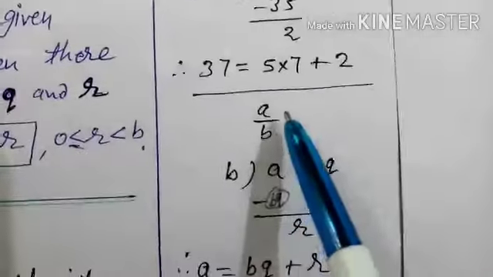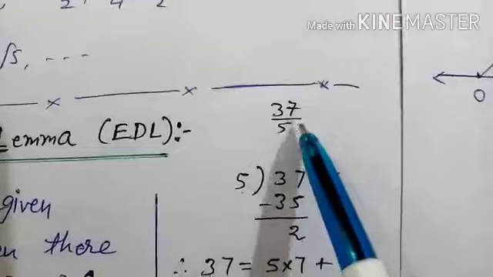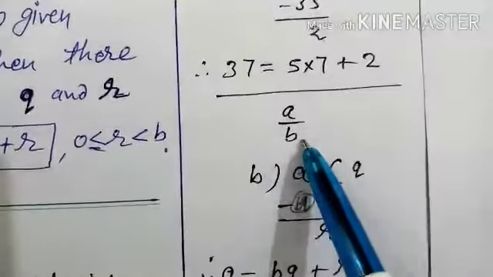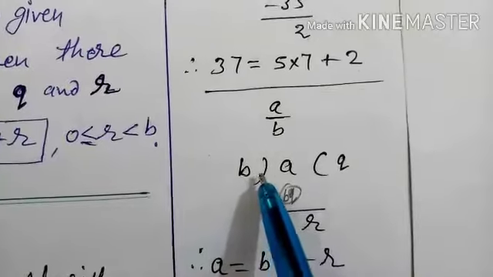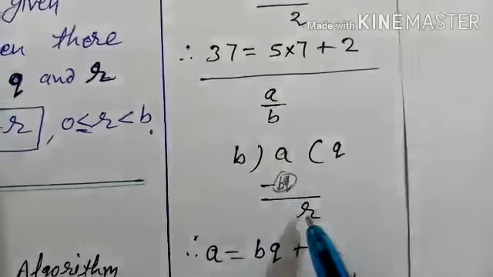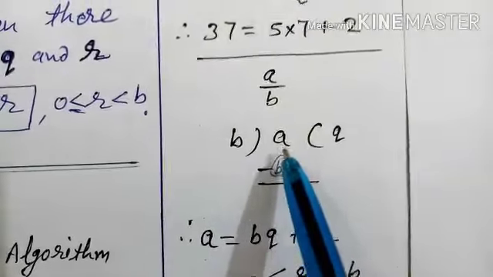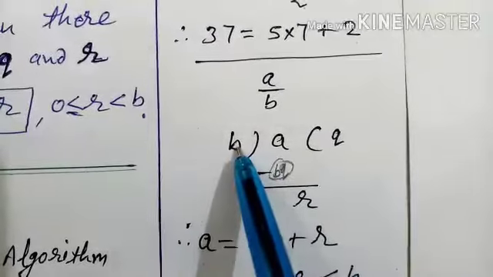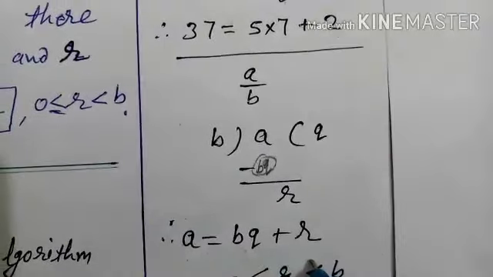Similarly, if a and b are two positive integers like 37 and 5, this is a and this is b, when a is divided by b, then we will get some quotient q and remainder, suppose r. Then dividend a is equal to b into q plus r, divisor into quotient plus remainder.